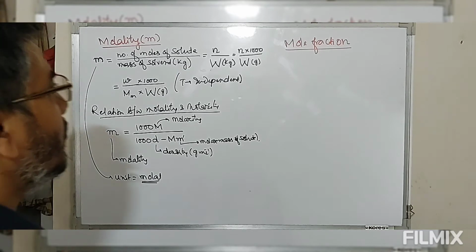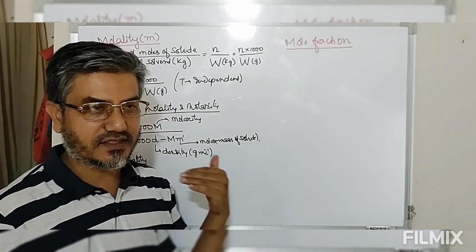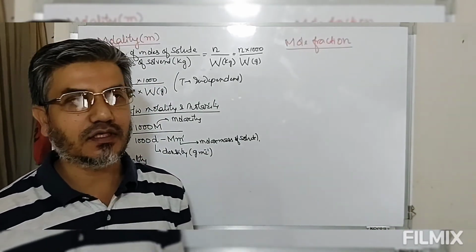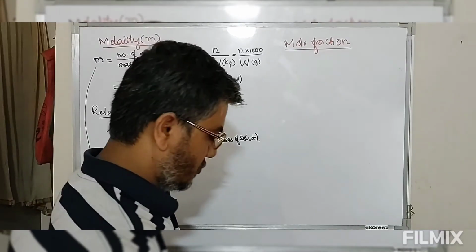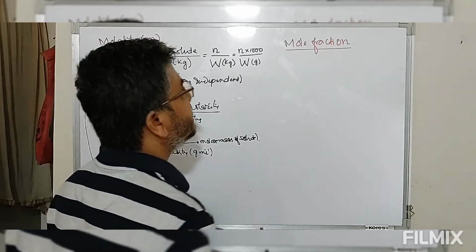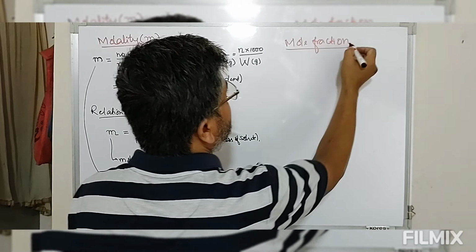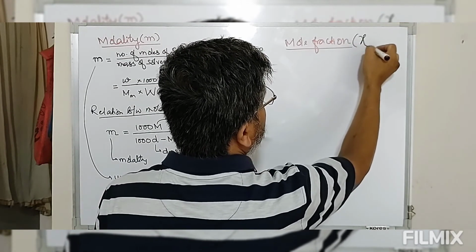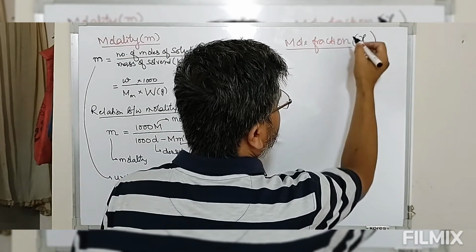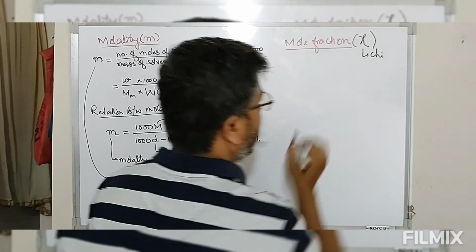Then we have mole fraction as a method of expressing the concentration of a solution. Mole fraction is denoted by x, pronounced as chi.